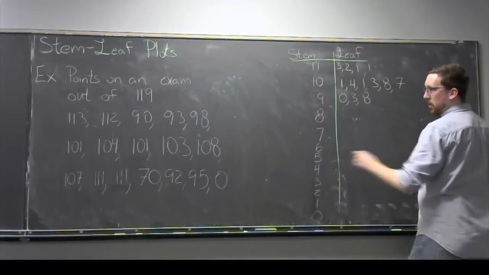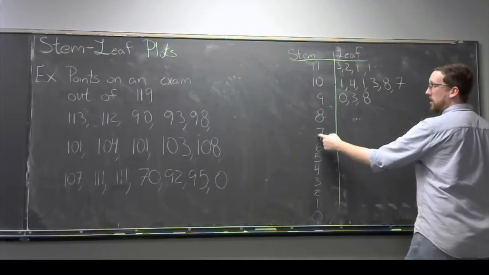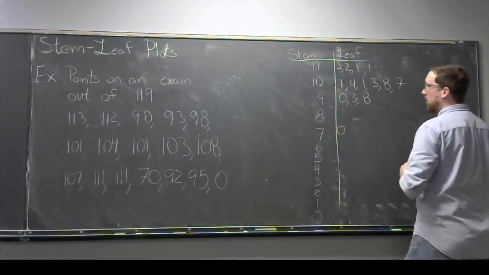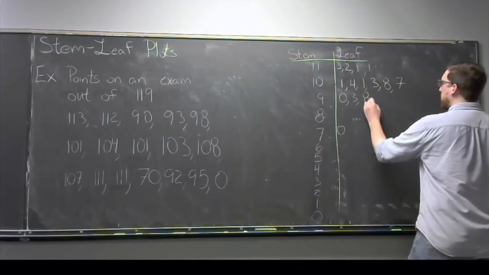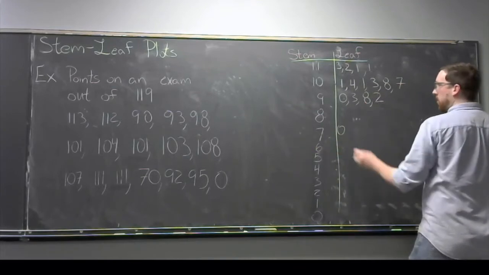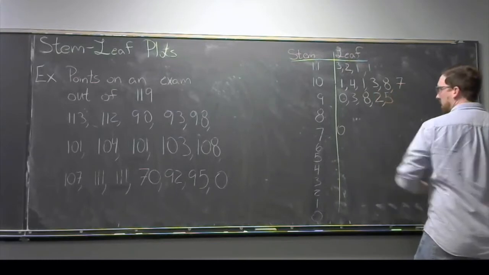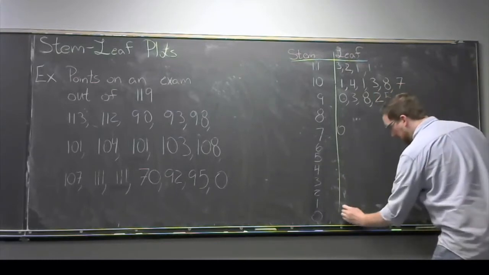Then 70, we'd come down to the stem being 7, and we write a 0 here. 92, 95, and there was one student who made a 0.